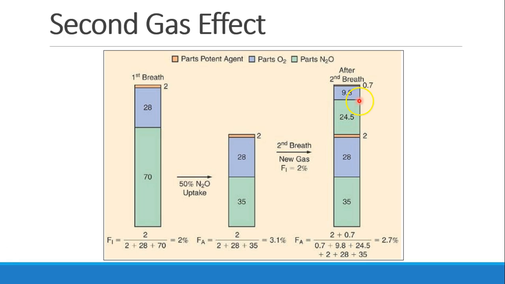Again, it has the same ratios of 70% nitrous, 28% oxygen, and 2% sevo. And when we add in that new gas, now we have a total FA of 2.7% of the sevoflurane. So we've gone from 2 to 2.7% by using nitrous as our first gas and sevoflurane as our second gas.